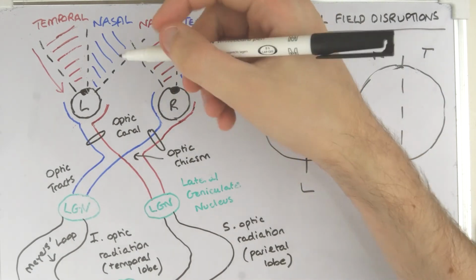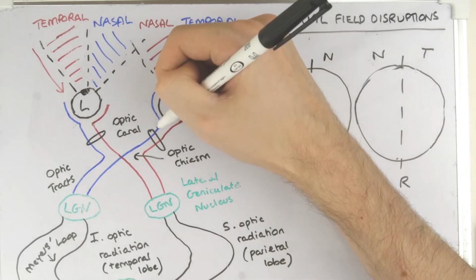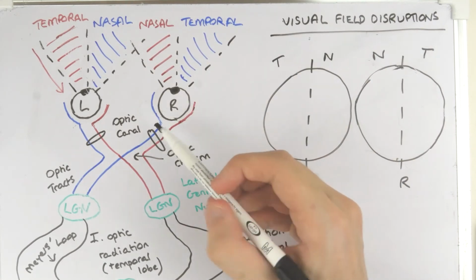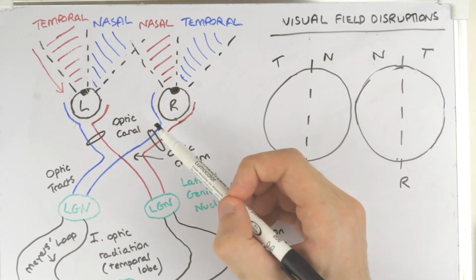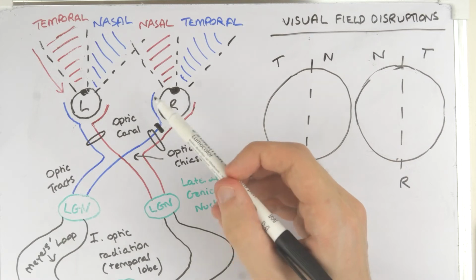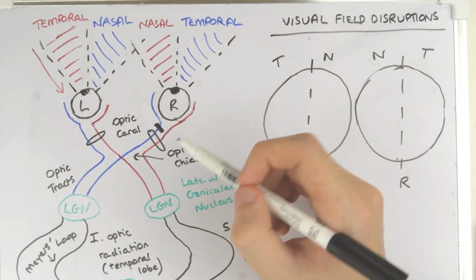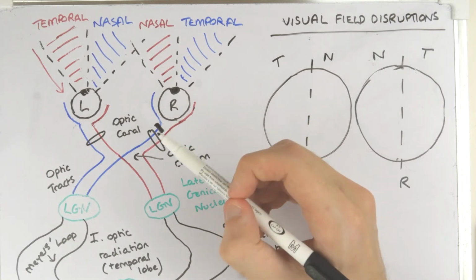But what about if we were only to damage one side? So let's say here. So we haven't damaged the fibres on this side, so this could be damage to the optic nerve on this side or to the retina here. Well, if we think about what information this tract is carrying, this is why I love neurology, it's just like circuit diagrams.